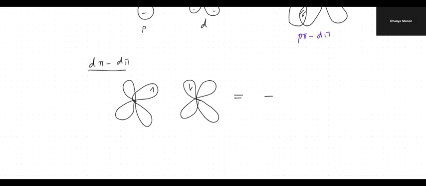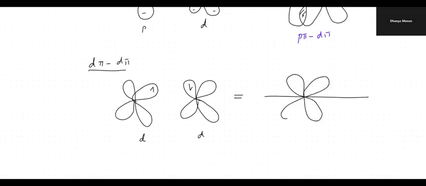Now they overlap, so d orbital overlaps with d orbital, like this, and the electrons have opposite spin.